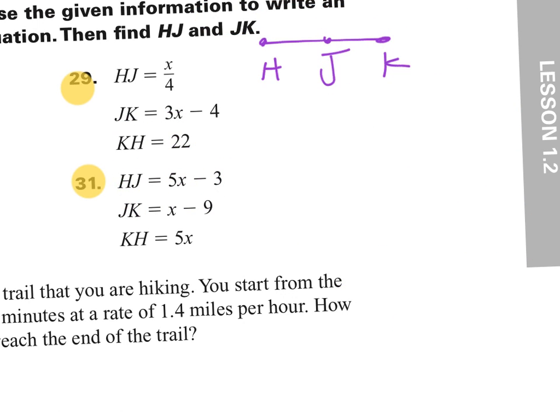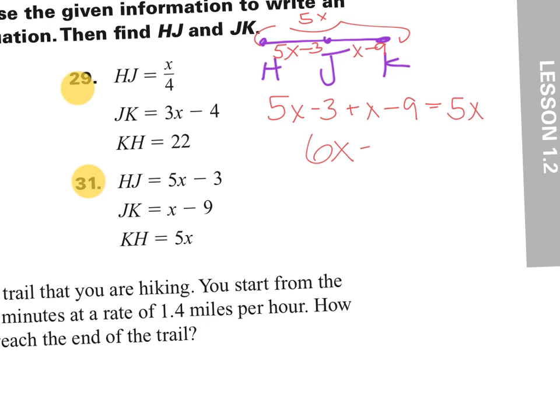Okay, 31, HJ is 5x minus 3, JK is x minus 9, and KH, the whole thing, is 5x. So 5x minus 3 plus x minus 9 equals 5x. 6x minus 12 equals 5x.